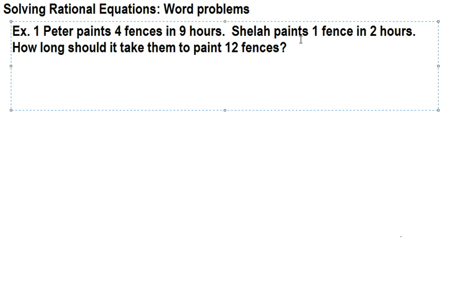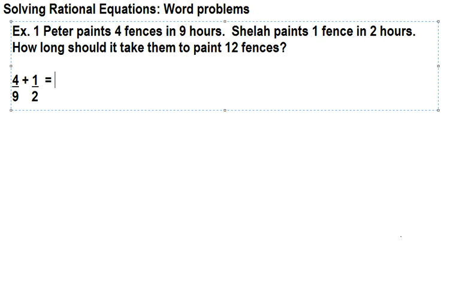So just like miles per hour, or in this case fences per hour, you want to do fences over hours. So 4 fences per 9 hours plus 1 fence per 2 hours, and this of course will equal their total.